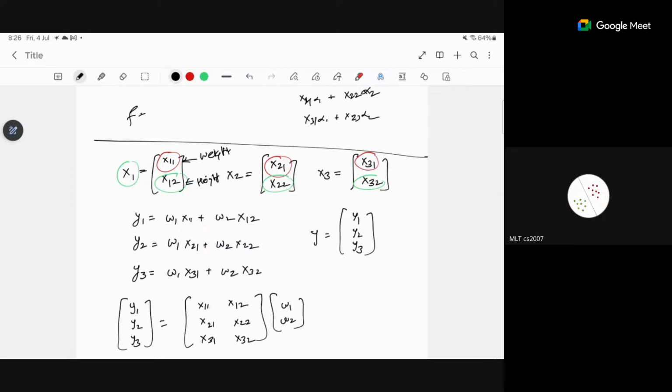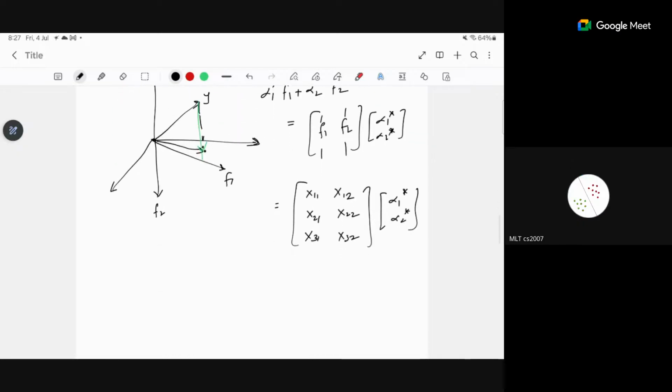What is the dimension of each feature here? 3, the feature dimension is 3: x11, x21, x31. Is that okay? Here the feature dimension is 3, whereas the data points' dimension is only 2. Correct? Now that is clear in your minds. Yes, sir, clear.